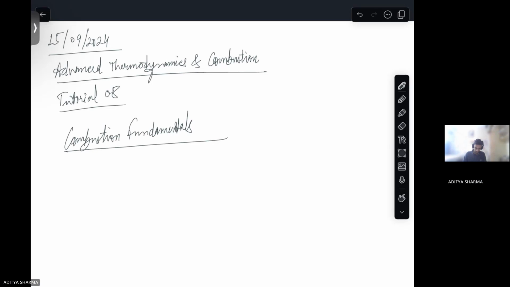We have our fuel, and then oxidizer, which gives rise to your combustion products.